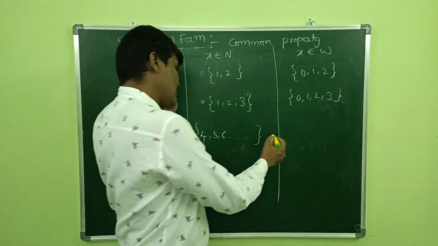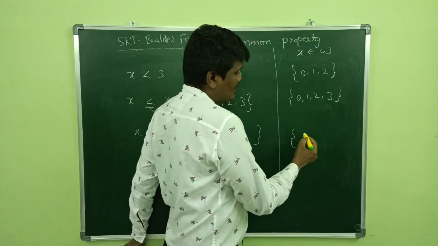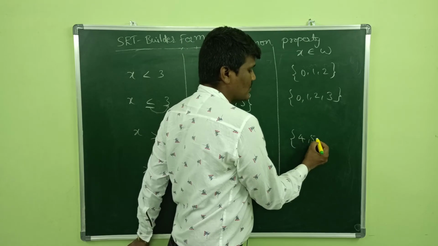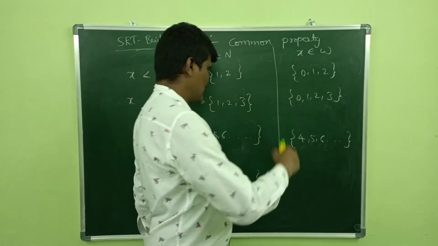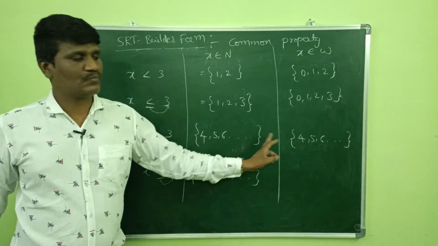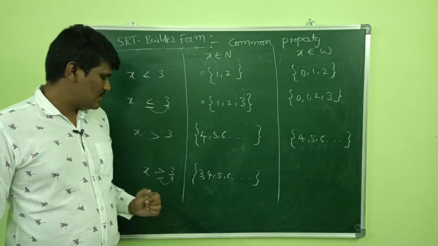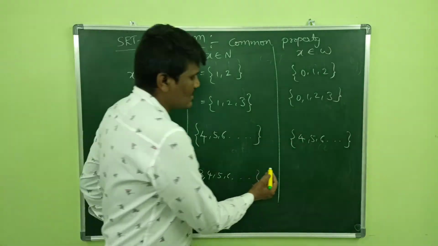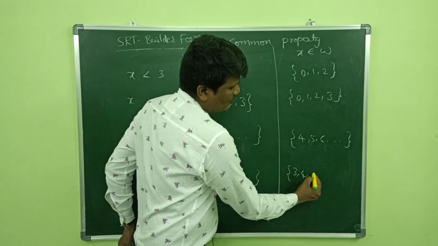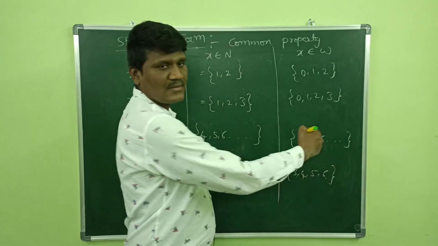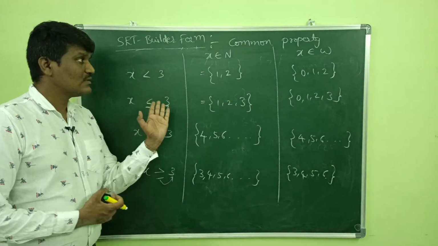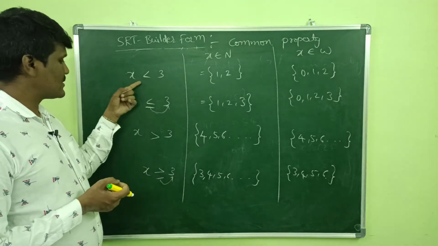X greater than 3 means I should consider 4, 5, 6 up to so on only. X greater than or equal to 3 means this is also the same, 3, 4, 5, 6. This is the difference between the symbols.